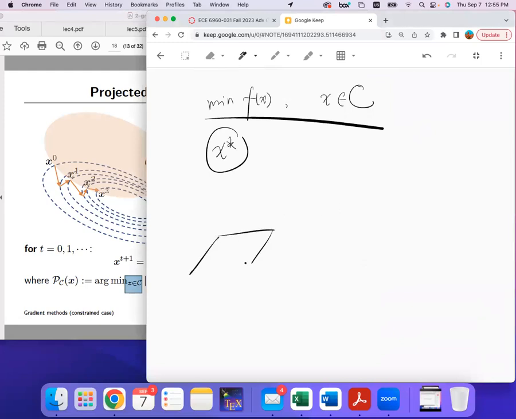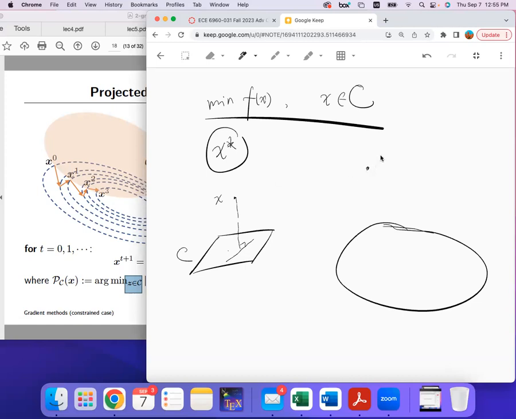We are familiar with the projection concept over hyperplanes. This is how we project a point onto a hyperplane. But for a general convex set, it may not be linear, it could be a nonlinear set.